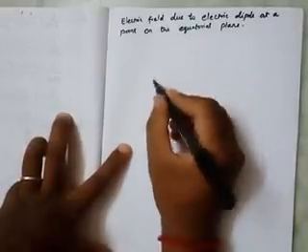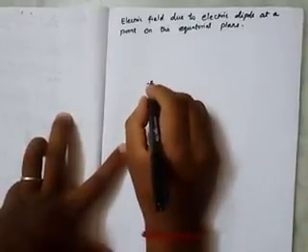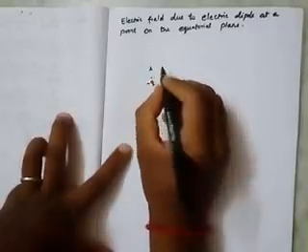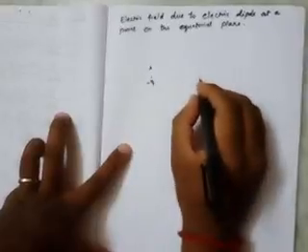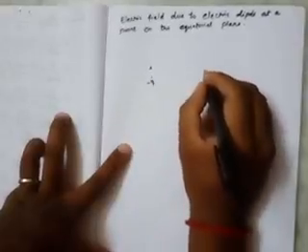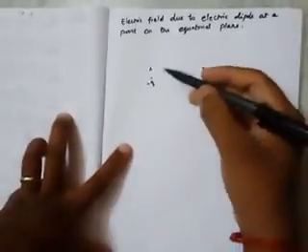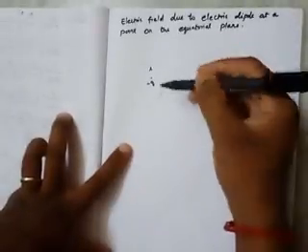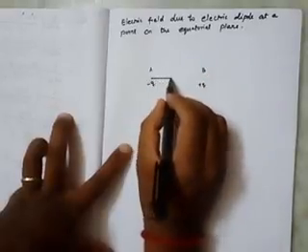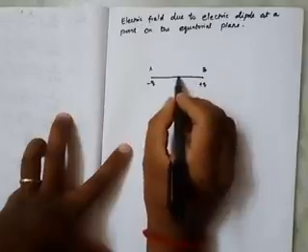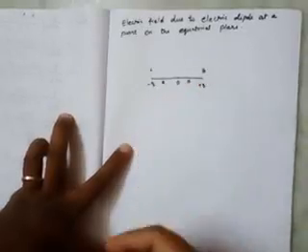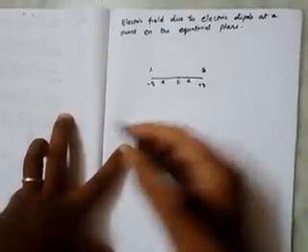We take a negative charge placed at a point A, then the positive charge placed at a point B. They are placed at a distance a from the midpoint of the dipole.